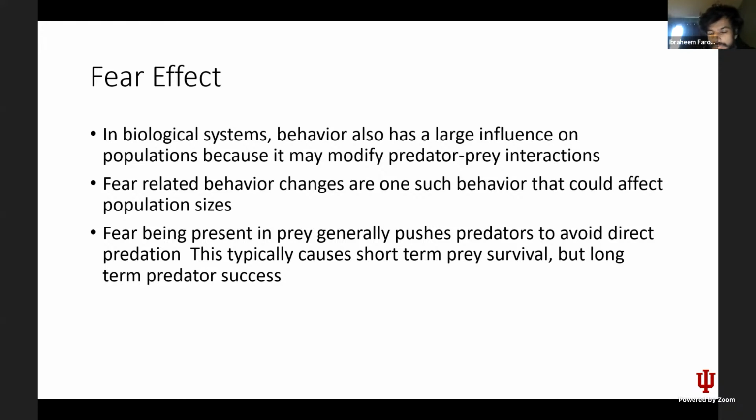Typically in biological ecosystems, as I mentioned before, behavior is a very important characteristic that isn't necessarily directly accounted for by the Lotka-Volterra model. So this paper wanted to expand upon it by adding a specific fear behavior.